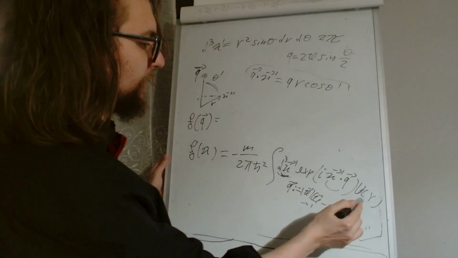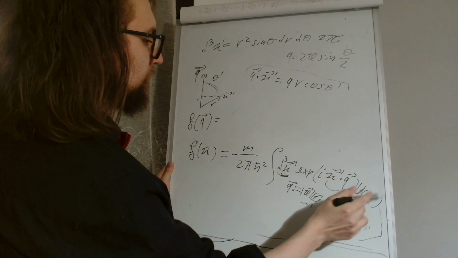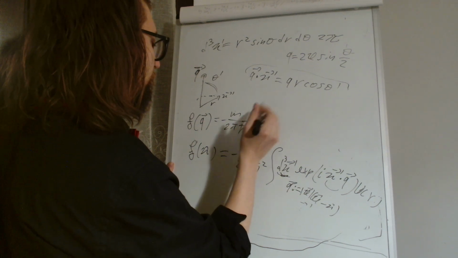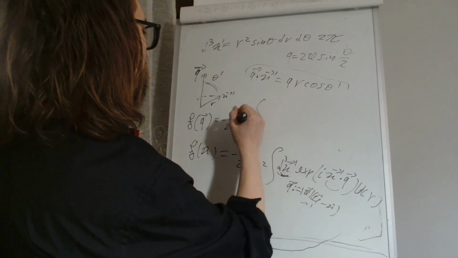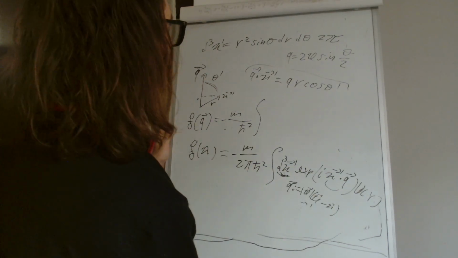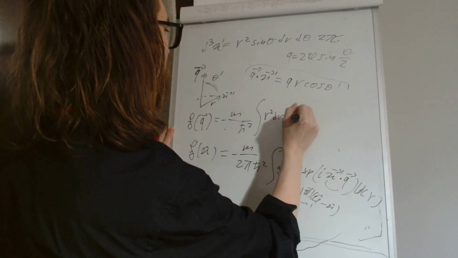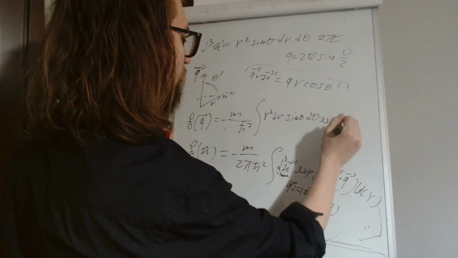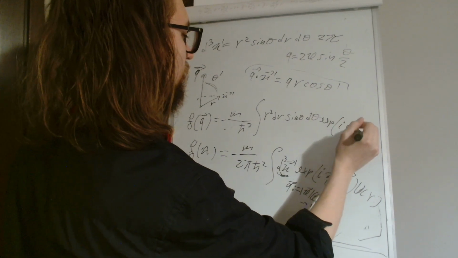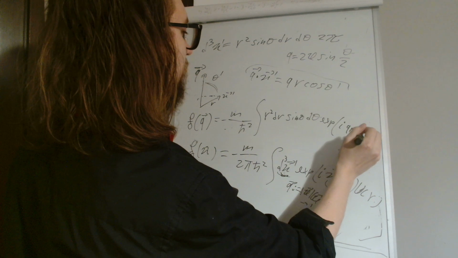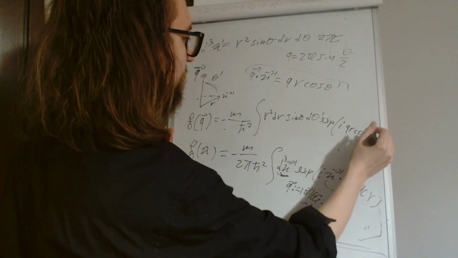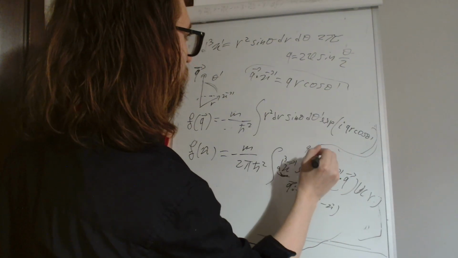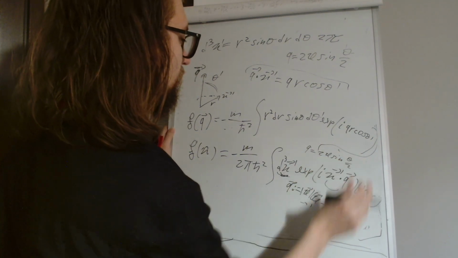So this integral here, remembering that now we have a central potential depending on r, is minus m divided by 2 pi h bar squared times the integral, and here we multiply by 2 pi, we have r squared dr sine of theta d theta, and then we have the exponential of i q r cosine of theta prime, sorry, this is theta prime, and all this is evaluated at q equals 2k sine of theta half.